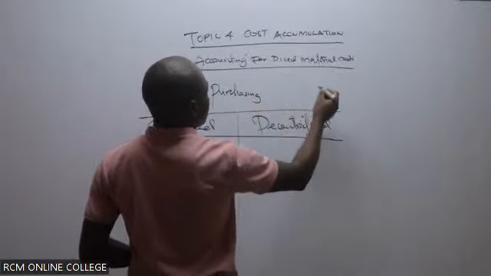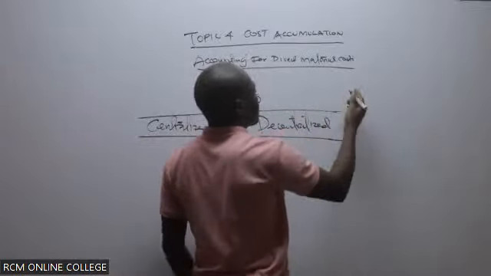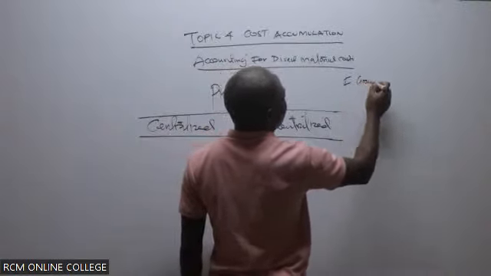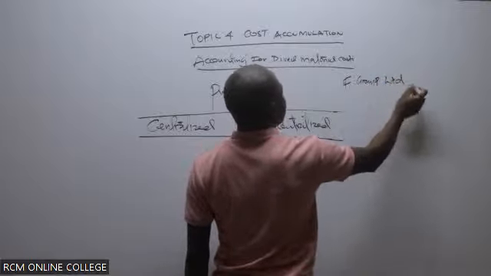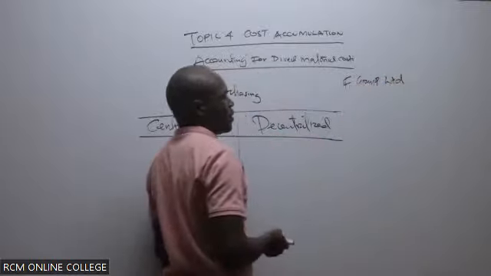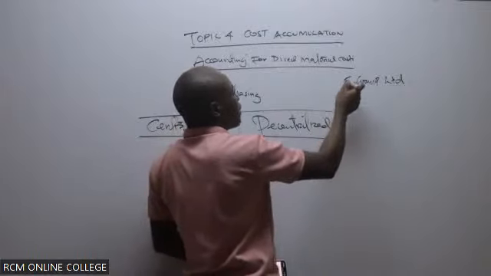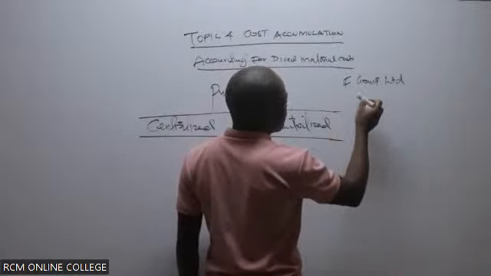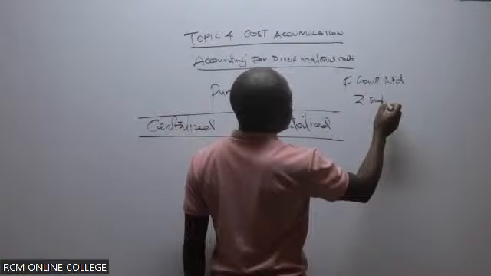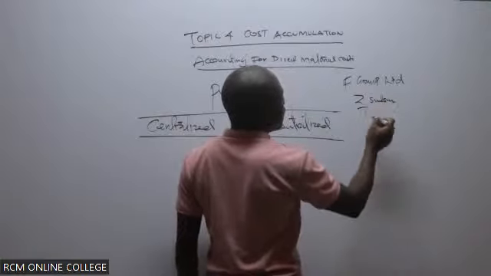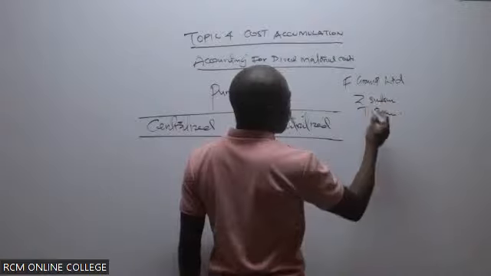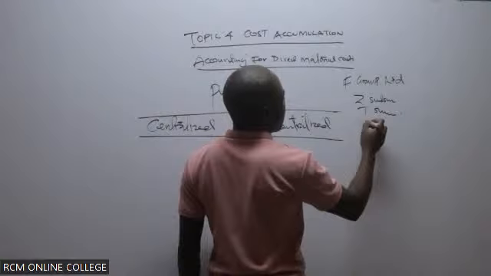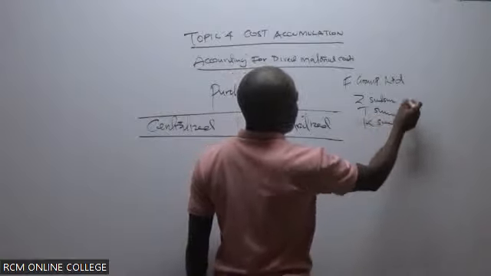We have a company, let's say, of course you've done FR, so you understand these terms here. We have F Group Limited. This F Group has got subsidiaries. Let's say they're in the same industry and they have 100% ownership. So we have F, which owns Z subsidiary, which owns T subsidiary, which also this F still owns Z, K as a subsidiary. 1, 2, 3.